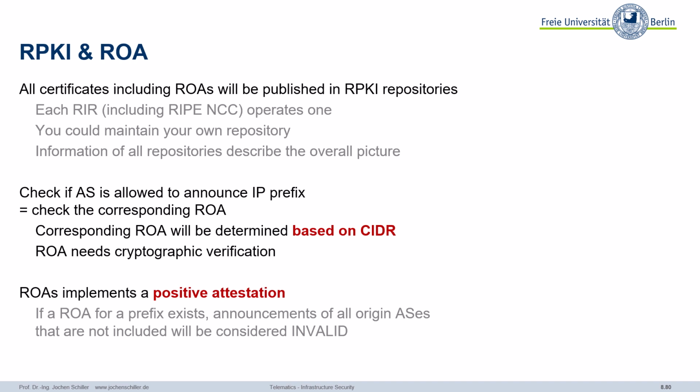That means if a ROA exists for a prefix, all announcements of ASs that are not included are considered invalid, because you have a certain AS included, and all the others are automatically invalid, although they might be correct. So it's positive attestation that excludes automatically all the others, and this is one of the problems for some of the providers. If something is not included, it's automatically considered invalid, which might lead to issues.